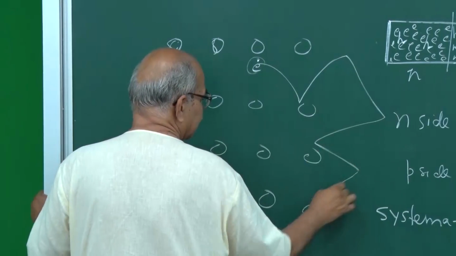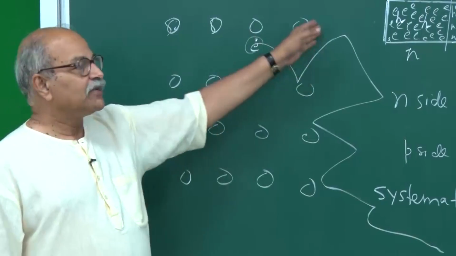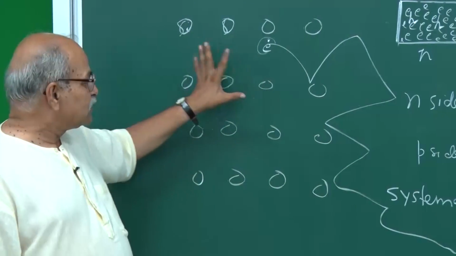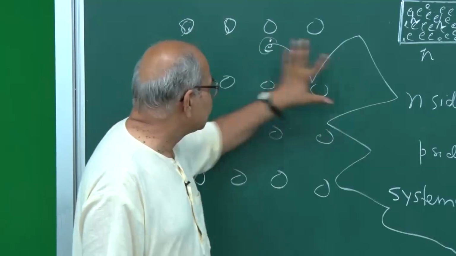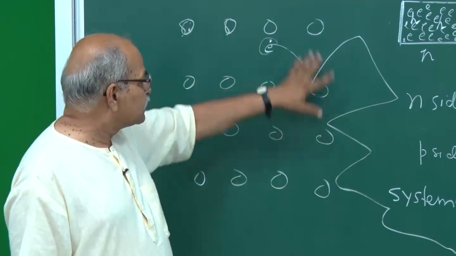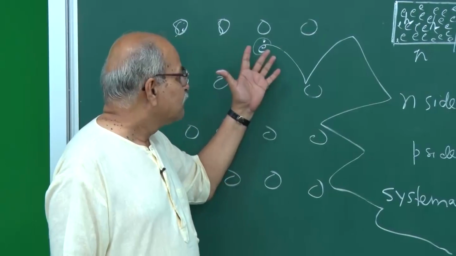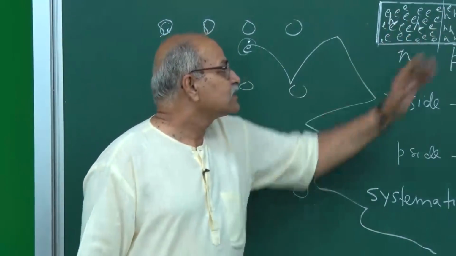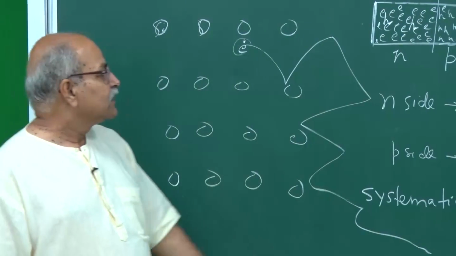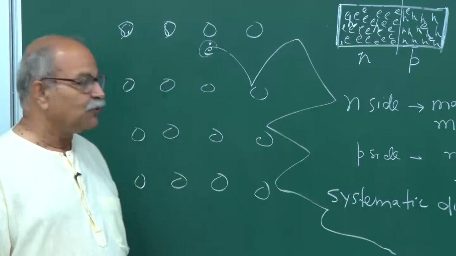They are just going randomly, changing atom to atom, and so on. So, in the process they are going from this side to that side to this side, but since the concentration of electrons is large here, the number of electrons going in a given time from this side to that side will be much larger than what can come from the other side, and hence there is a net flow.